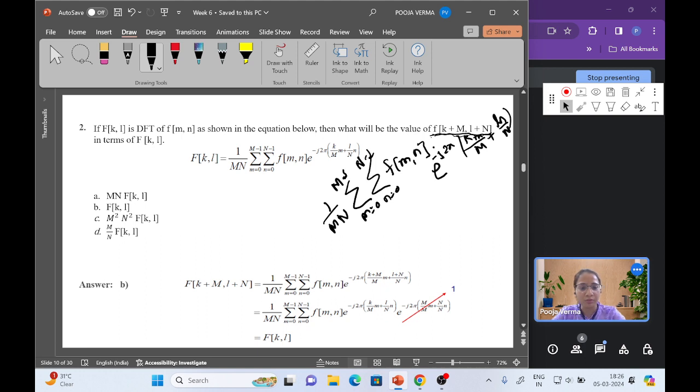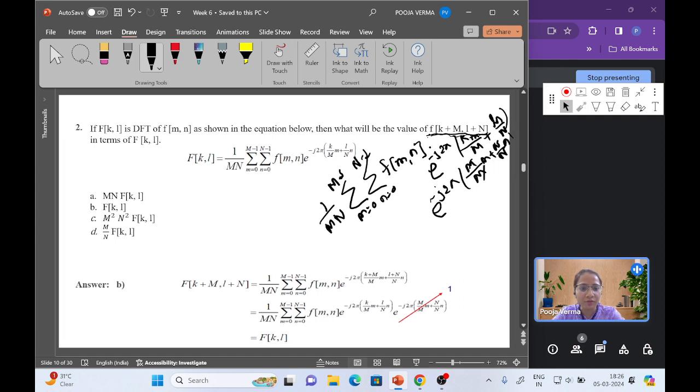We can distribute the terms, and then it comes like M m by M plus N n by N, so M will be cancelled and N will be cancelled.